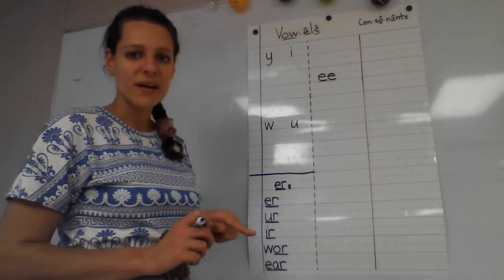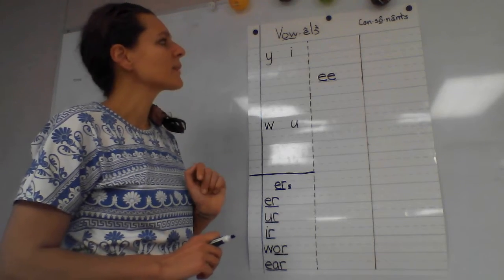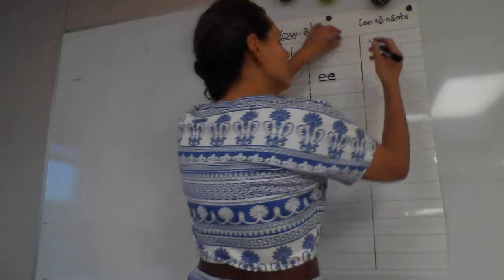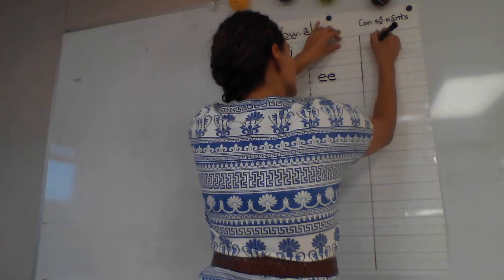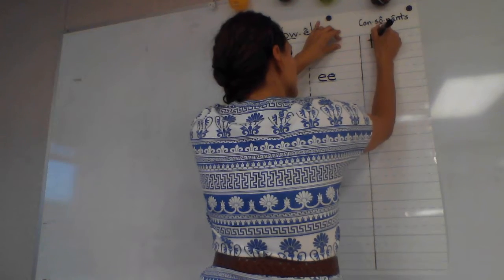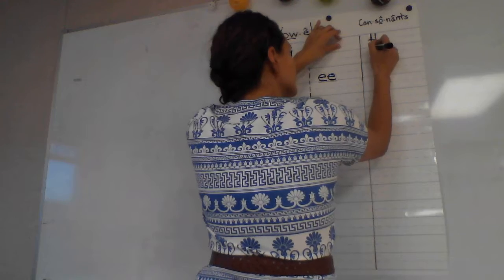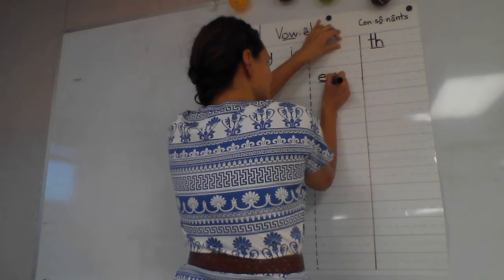Put your finger under the phonogram you just wrote. What does it say? Oh, good. All right, we're going to put that one over here. All right, so check and make sure yours looks like mine.